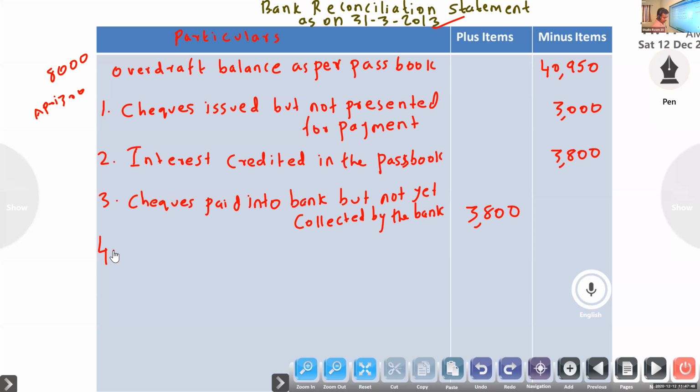But when we are preparing this bank reconciliation statement on 31st March 2013, that day the dishonor is not there. We recorded the dishonor entry only on April 1st in the passbook. Then that entry was not recorded in the cash book until April 15.